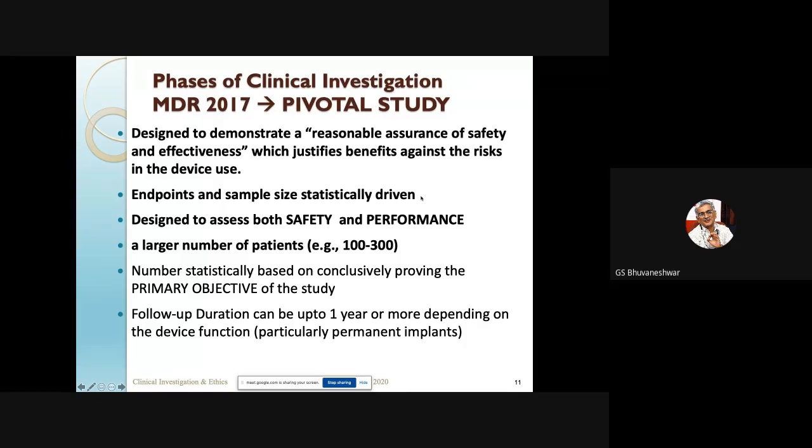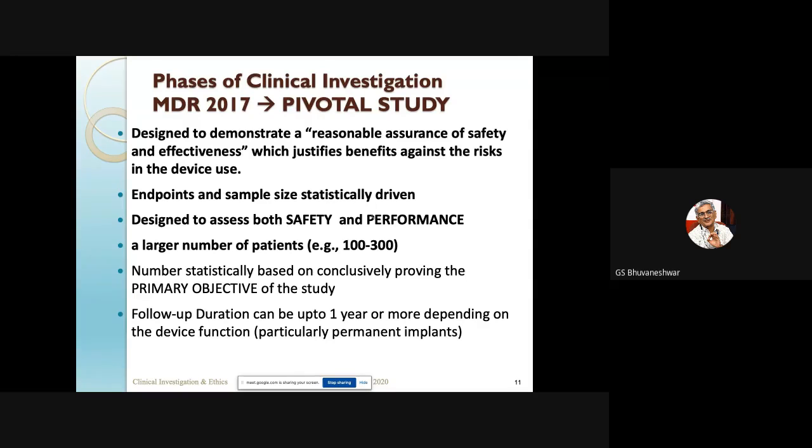So the number of subjects you want to enroll, you have to justify statistically based on risks. And this is a bit of a challenge. You need a good statistician to advise you on how to determine your sample size. Please remember that if you try to enroll a large number of patients, it's going to take longer and cost you more.